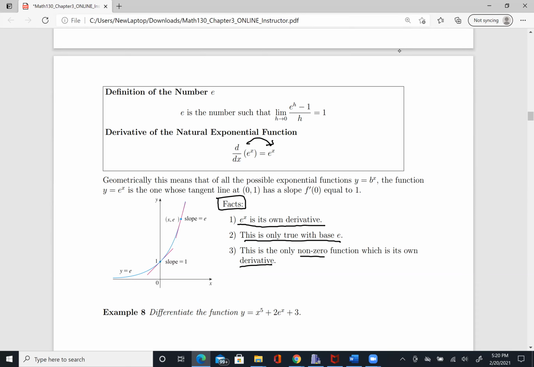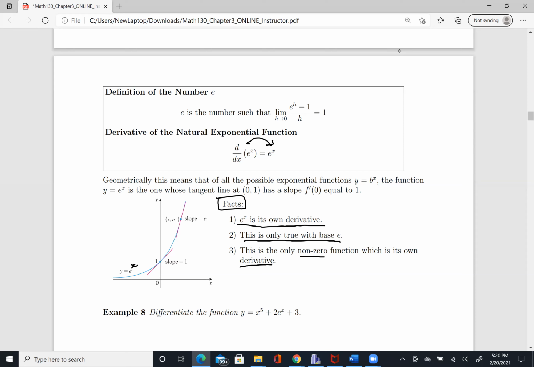Take a look at the graph over here, which is a graph of y equal to e to the power x. Yep, it is a typo.